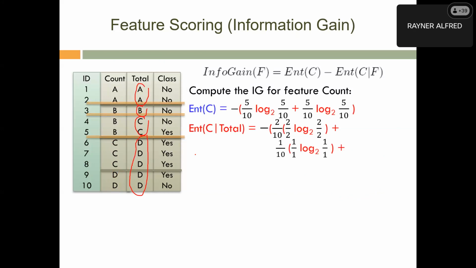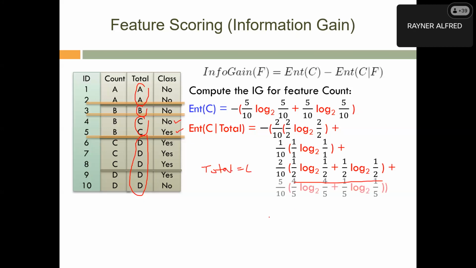The second one we have 1/1, and the third one will have 1/2 because we have two samples, but we have no and yes. So this is when the total value is C. And then the last one will be 4 yes and 1 no.